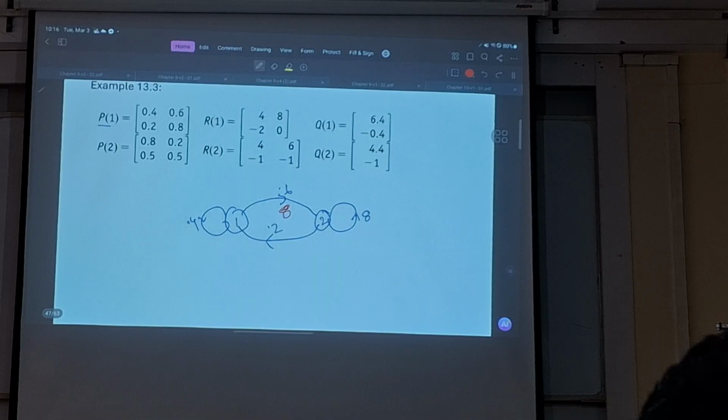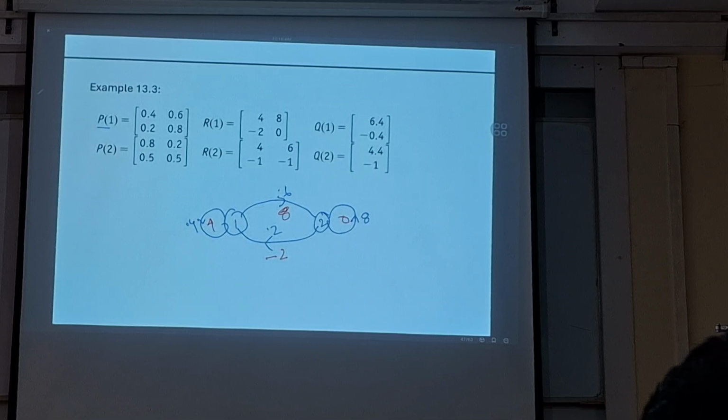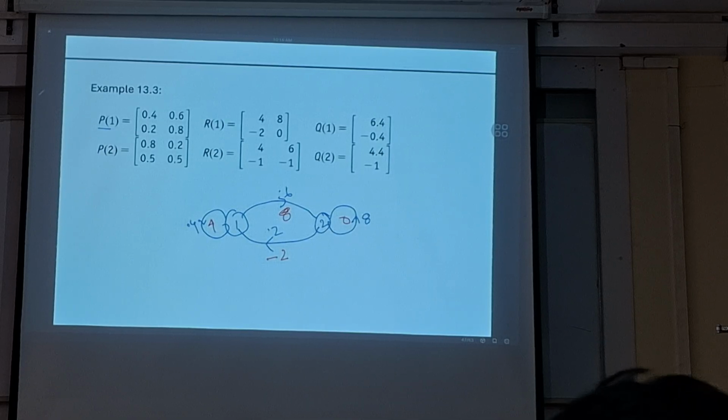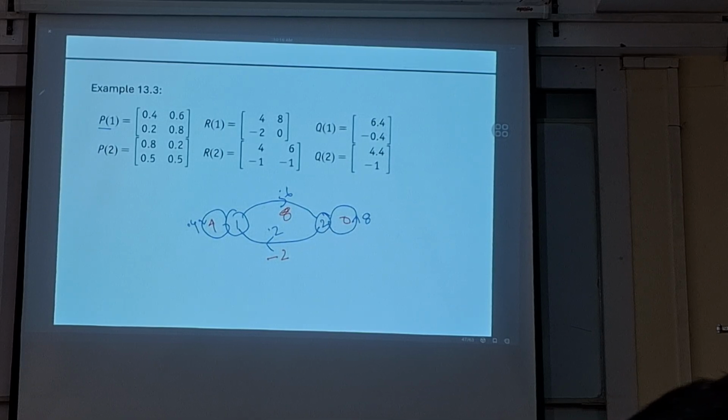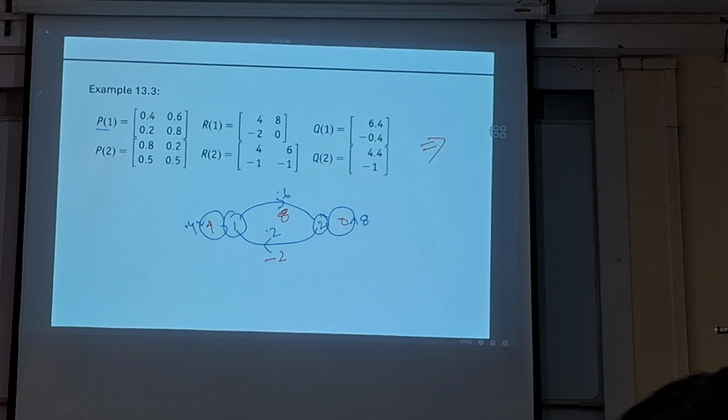When the transition is from 1 to 1, the reward is 4. When the transition is from 2 to 1, the reward is -2. And 2 to 2, the reward is 0. For this Markov chain, we need to find the best policy that should be used for the optimum operation of the Markov decision process.